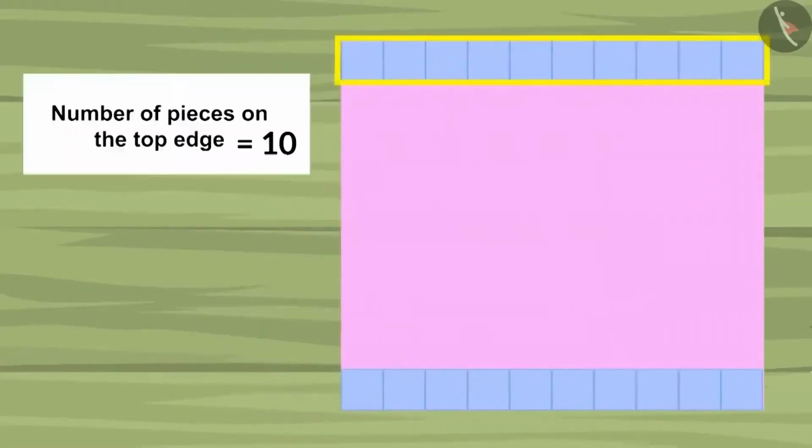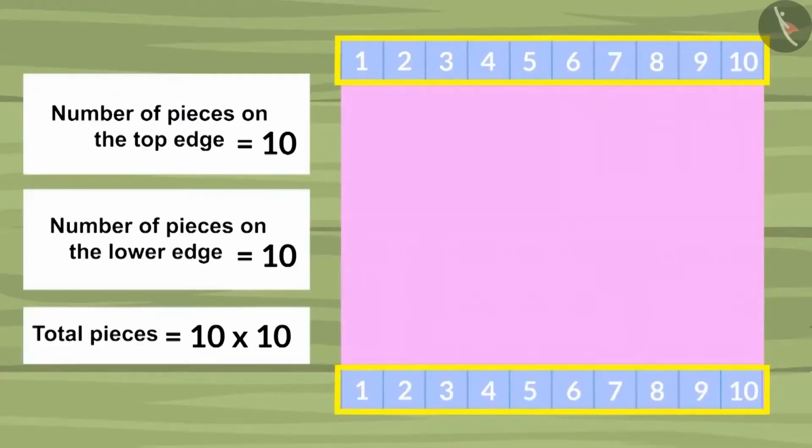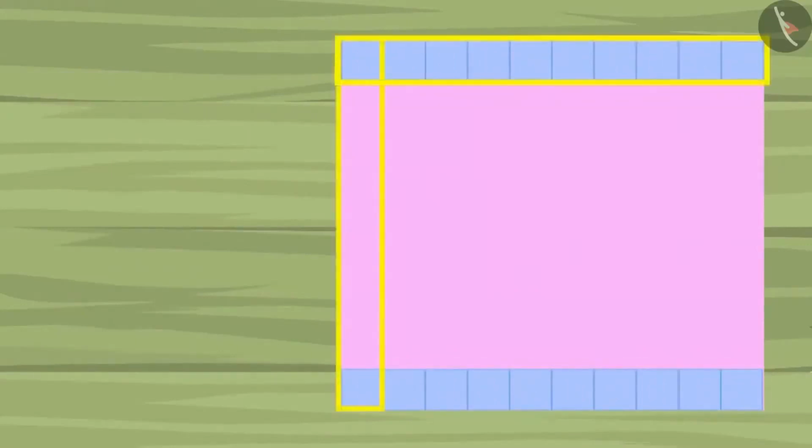Yes, there are pieces placed on two sides. Now we can multiply them. There are 10 pieces placed on the top edge and there are 10 pieces placed on the lower edge. When we multiply them, we get the answer 100. This answer is incorrect. To find out the correct answer, we have to place the pieces on the top and on the side.